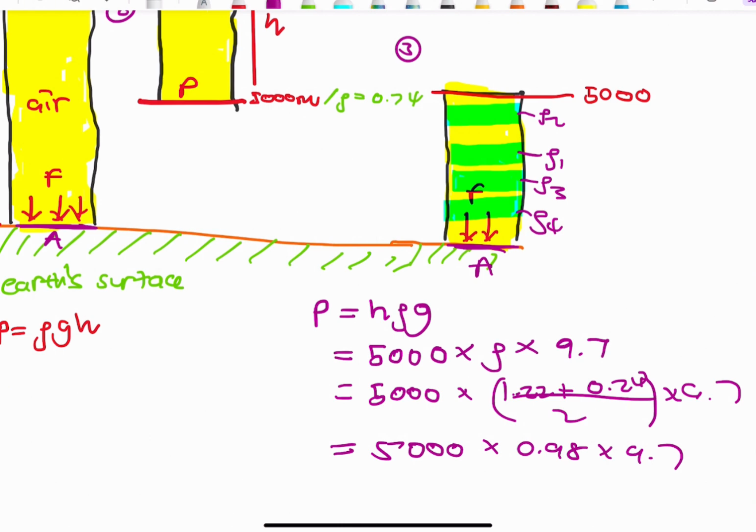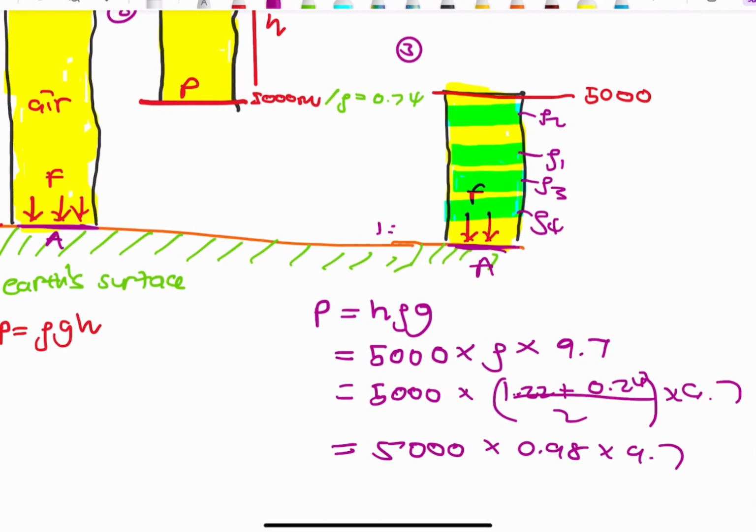The density is actually decreasing. It's 1.22 here, but it decreases as we go up. So I can't just say it's 1.10. At this point it could be 1.2, 1.08, 0.9, and then 0.74. So to find the density of that air, I have to find the average.